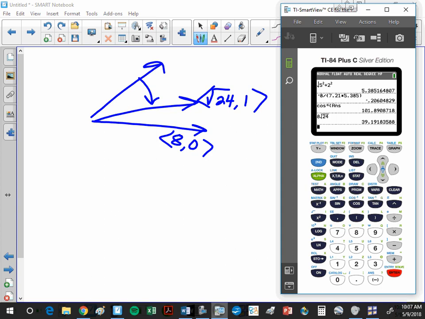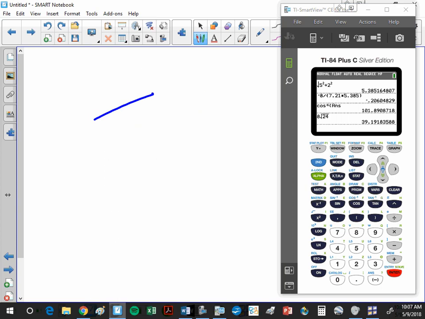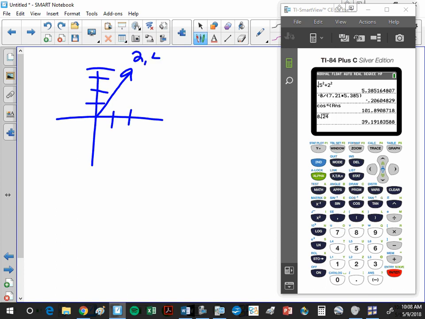If you look on page 715, example 4: how much work is done when a force of 2 comma 4 moves an object from 0, 0 to 5, 9.